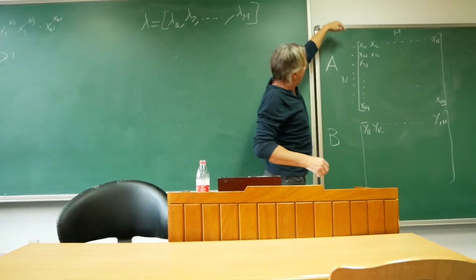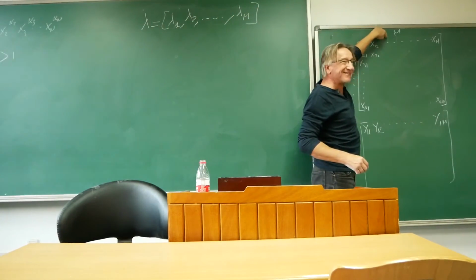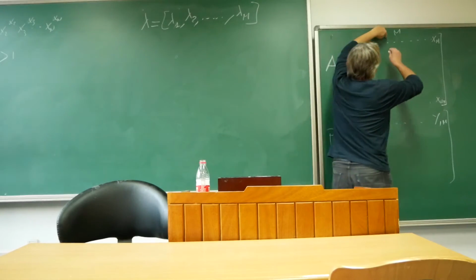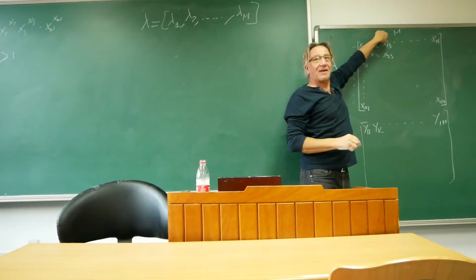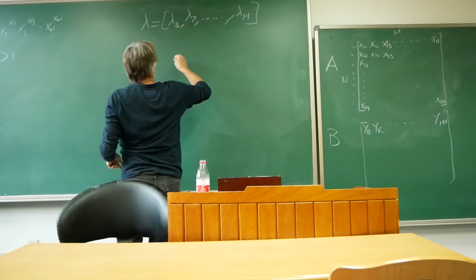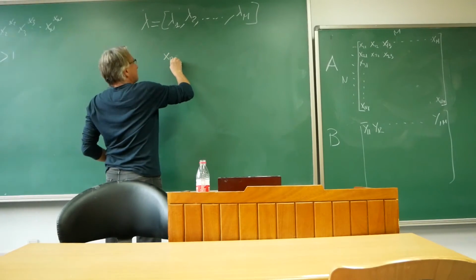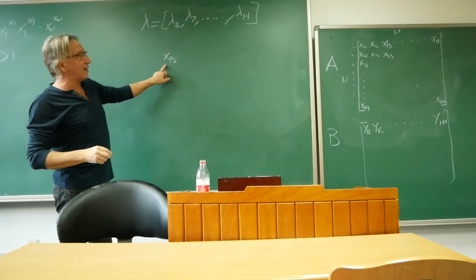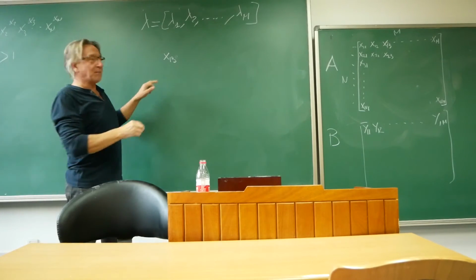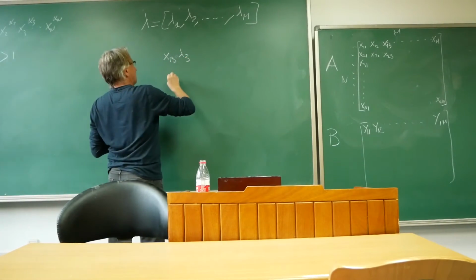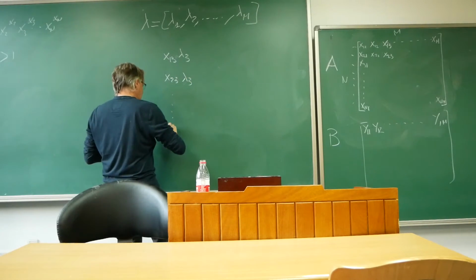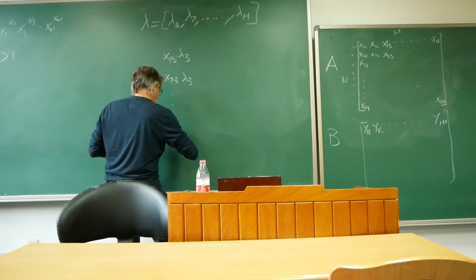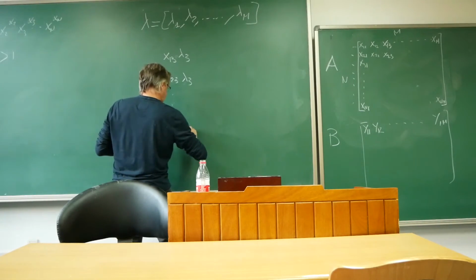So, for example, I take activity 3, okay, that has these input requirements. And so x1,3 means the amount of good 1 in activity 3, multiplied by lambda 3. x2,3 lambda 3. xn3 lambda 3.